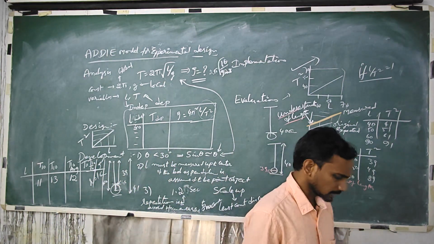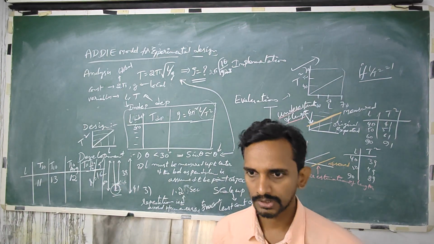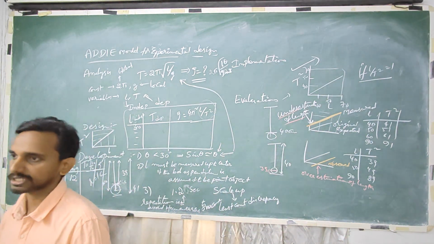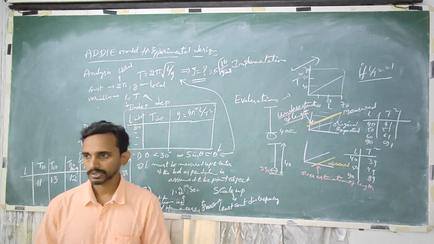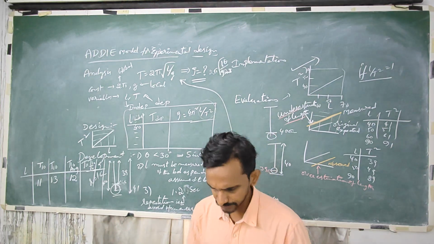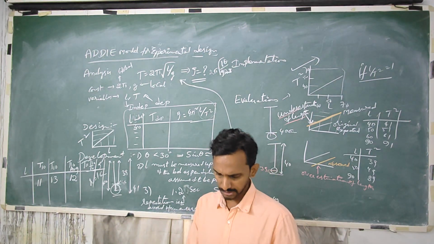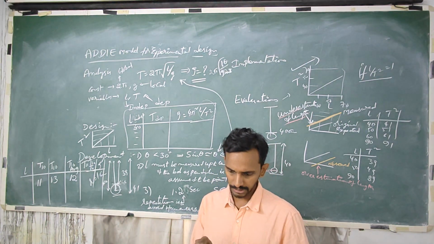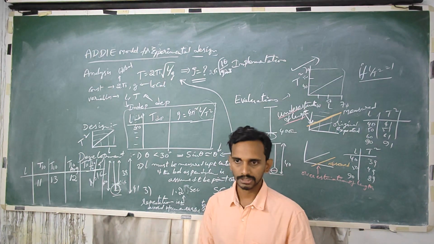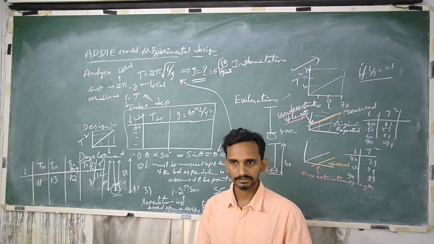So what about the time period? If we overestimate the time period, how does it reflect in the graph? Let's say our clock, instead of counting 0 in the beginning, I start counting 1.